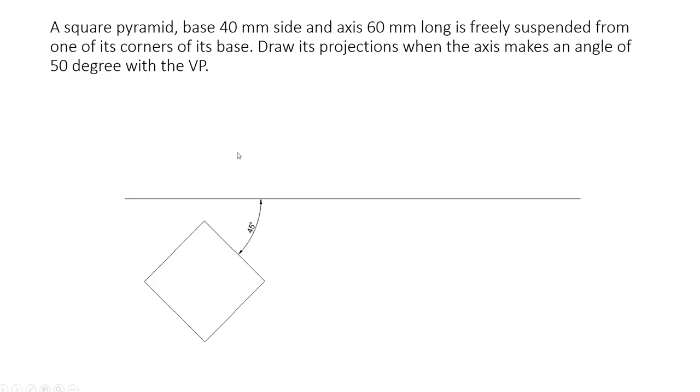Since it's a square pyramid and it is suspended from one corner, that corner should come on the left side. Draw the reference line like this and mark a point here, and through that point draw a line at 45 degrees.